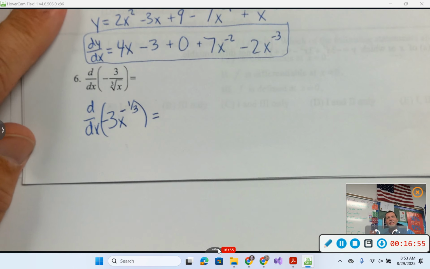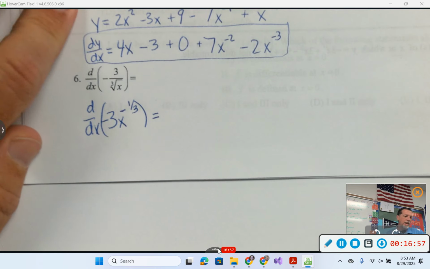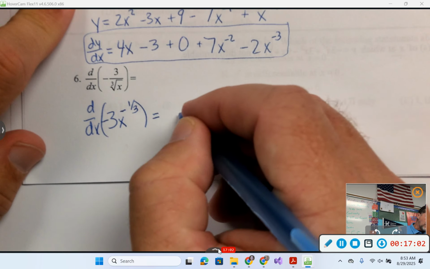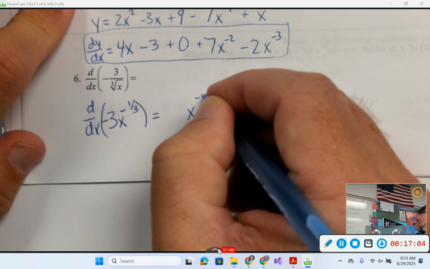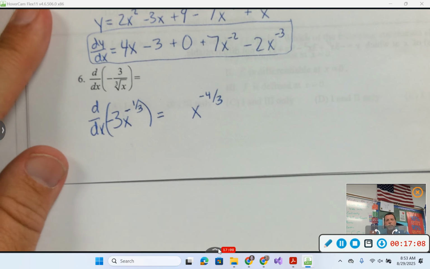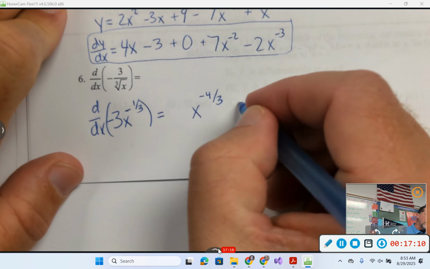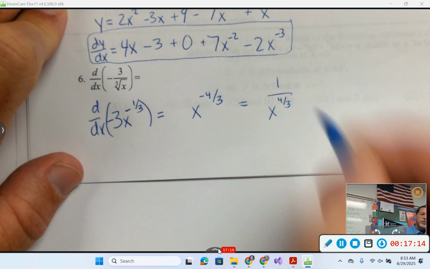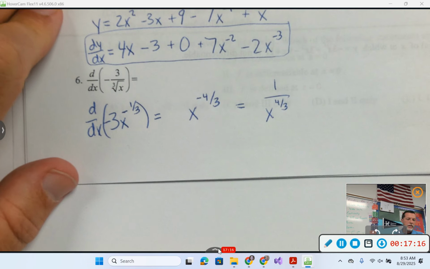Good. This is all our power rule, our negatives and fractions. Let's see. Negative 1/3 times 3 is just 1. So, the negative 4/3. That would be the preferred answer that you would like to give. But multiple choice might flip it to the bottom.